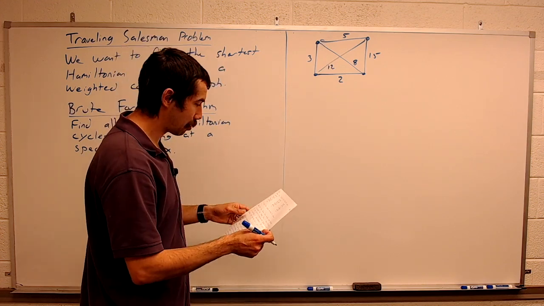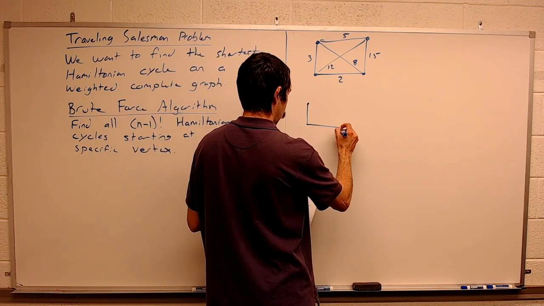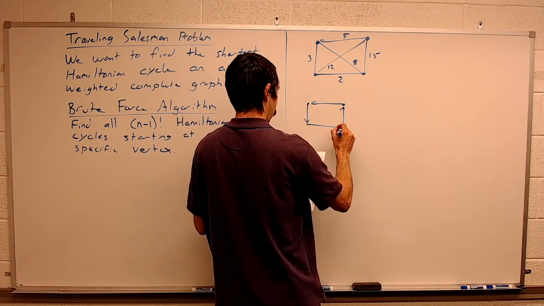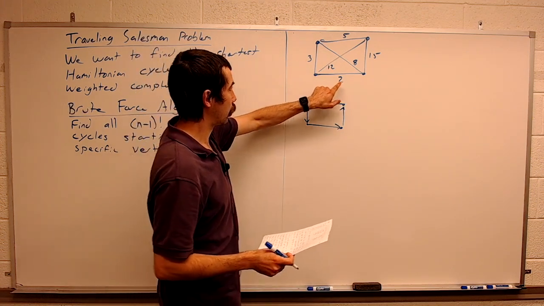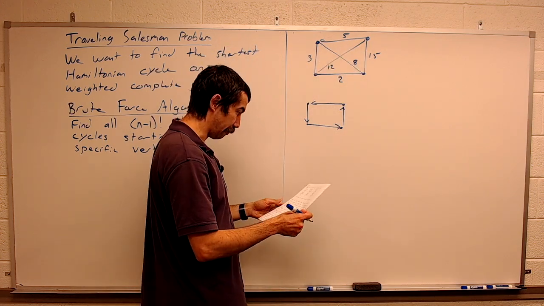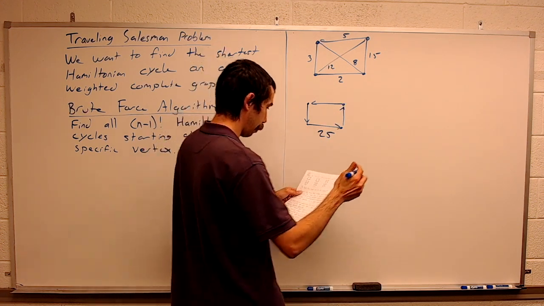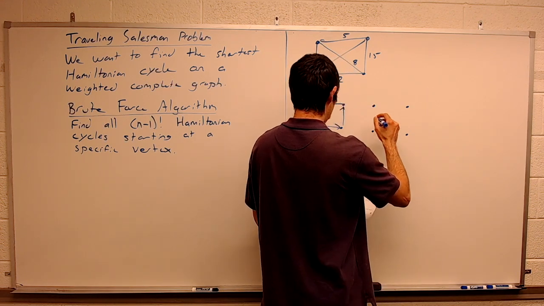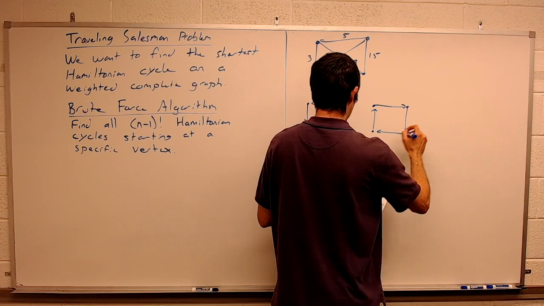There are 6 routes that we have to choose from. One of them is the following. And this has weight 3 plus 2 plus 15 plus 5. That is 25. If we do the same cycle but in reverse, it's going to have the same weight. So this is also 25.